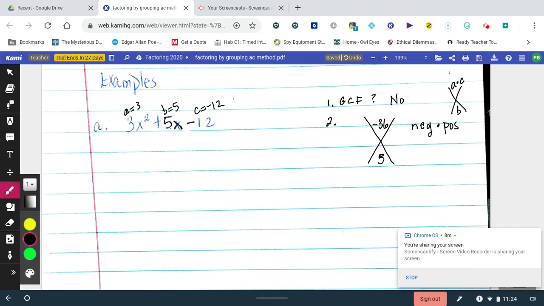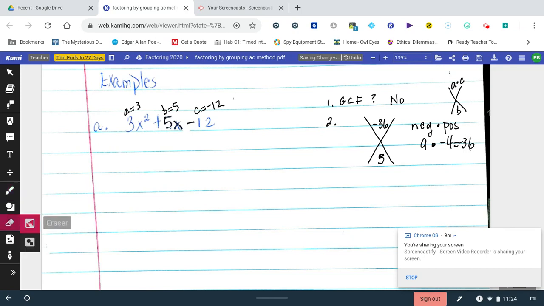So I'm thinking about 2 numbers that give me negative 36, but the signs are different, yet add, and I get positive 5. So automatically, I'm thinking 9 times negative 4. Well, that gives me negative 36.